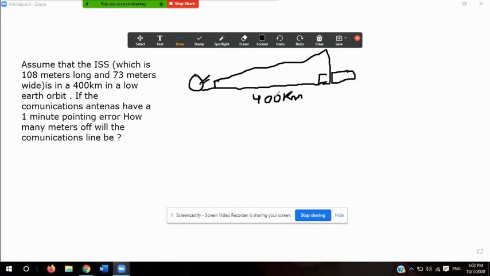Well, because we have the 400 kilometers, which is the distance, and this is actually 1 minute. Let's see, this is one, and then of course that little mark, which is the minute. So the first thing I need to do is, well, what I'm looking for is this.